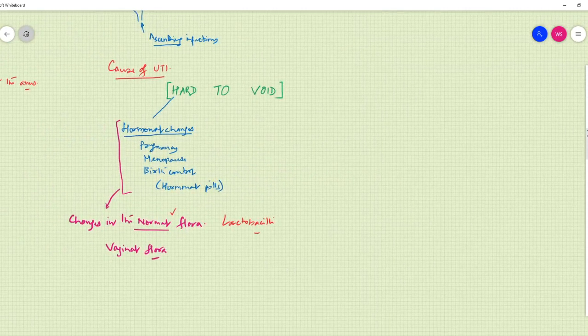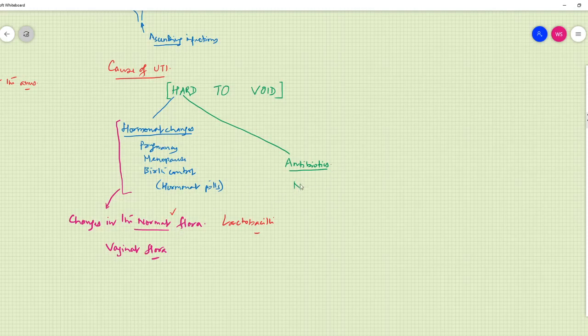Okay, so the second letter here is A. Okay. And A here refers to antibiotics. So antibiotics, they are targeted at pathogenic organisms, but they also can kill the normal endogenous flora.